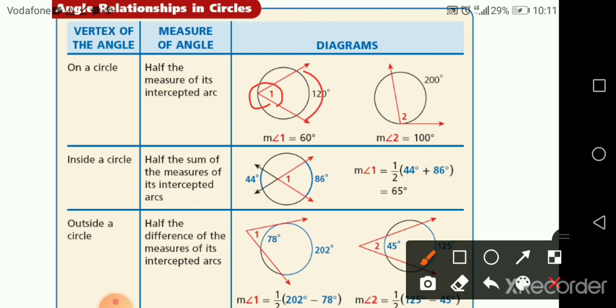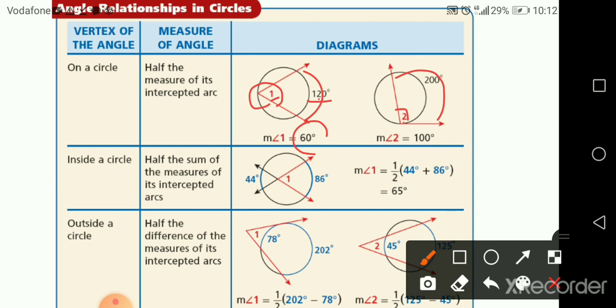So if this is 120, therefore the measure of angle 1 is 60 degrees. And here also the vertex of the angle is on the circle, so it will be half of the intercepted arc, which gives you 100.